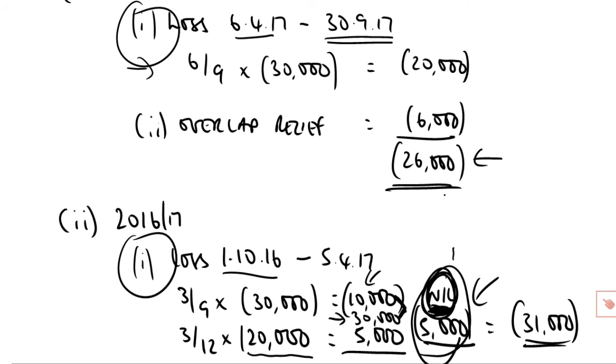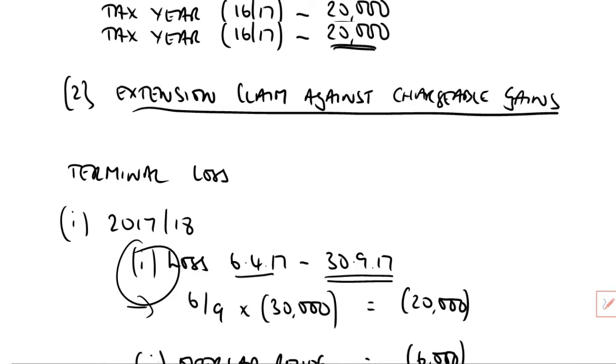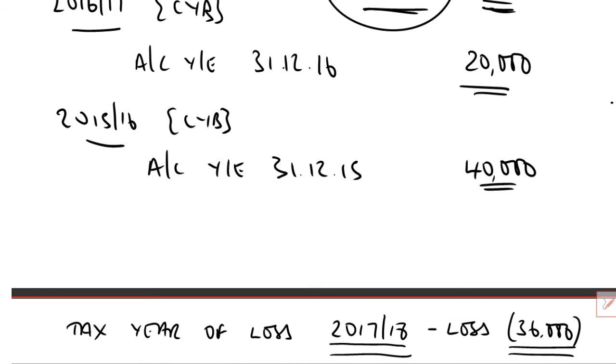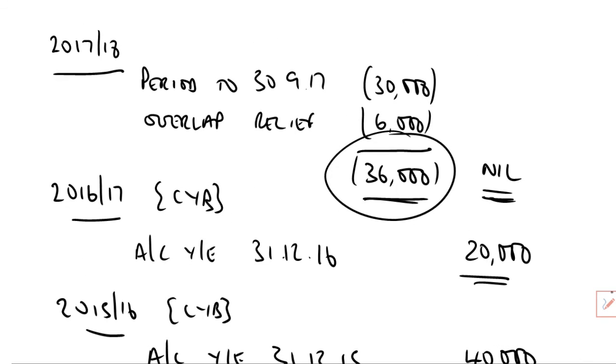But if you had to advise on the use of losses overall, of which the terminal loss is one, then be aware we have had available £31,000 of loss to use under the terminal loss relieving provisions. But if you remember where we started, we computed that we had an actual loss for the 2017-18 year of £36,000.